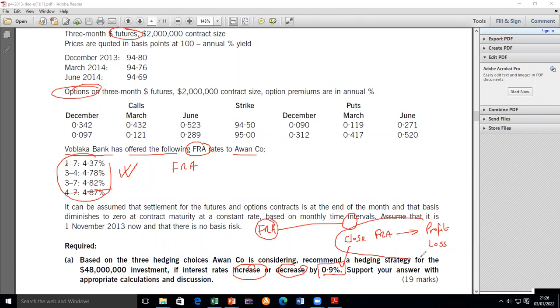The results from the FRA will now be combined with what will happen on the deposit market. So on the deposit market, whatever result we get will somehow be reduced or offset by the results from the FRA market. That's what is going to happen.